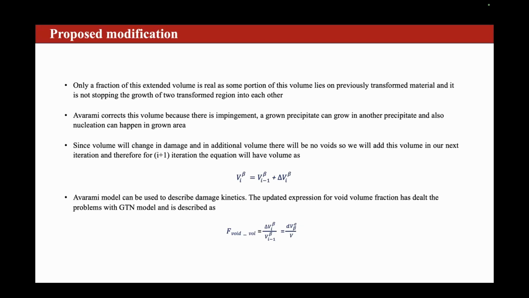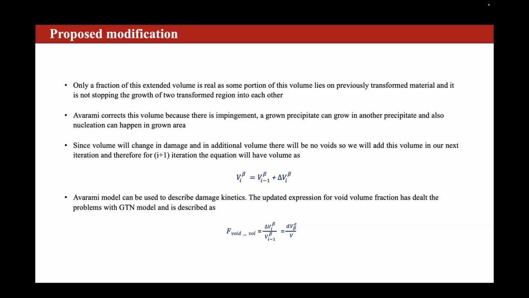Now, what he does, he takes the fraction of this volume to the original beta phase to exclude those areas where beta has already grown. Now, my approach for the solution was, let's say I have approached it iteratively. Let's say in the ith iteration, the volume of nucleation and growth of void is delta V beta i.